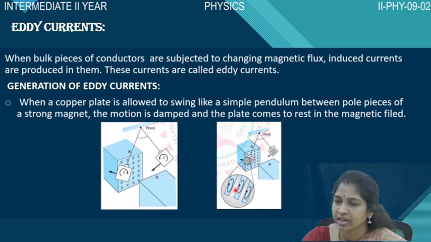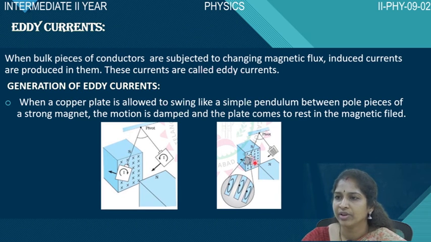Here the area is reduced. The rectangular slots were made on this copper plate, and in the same way it is allowed to swing like a simple pendulum in between the poles of the magnet.